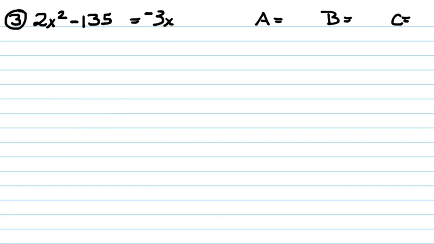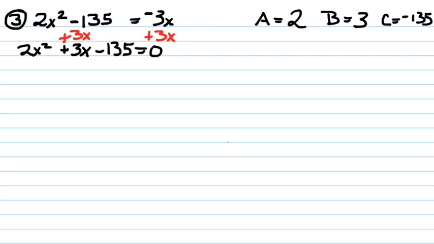So number 3, I have 2x squared minus 135 equals a negative 3x. Again, we're going to stop here. You're going to identify what A, B, and C are, and then come back. So on this one, you end up with a 2 for A, a 3 for B, and a negative 135 for C. We are going to go ahead and plug into our discriminant formula, which is D equals B squared minus 4AC.